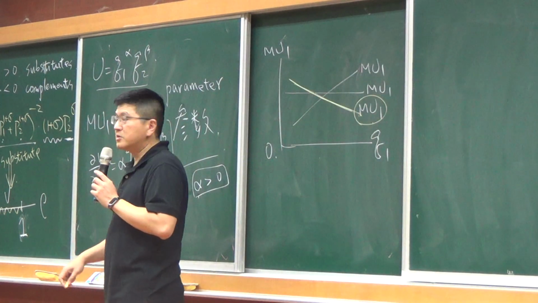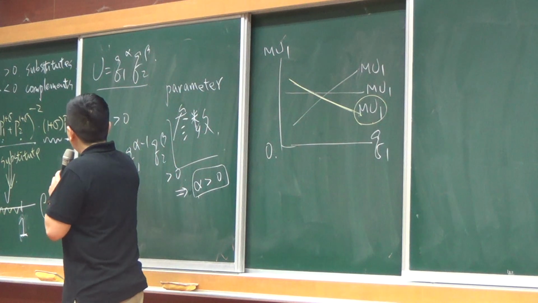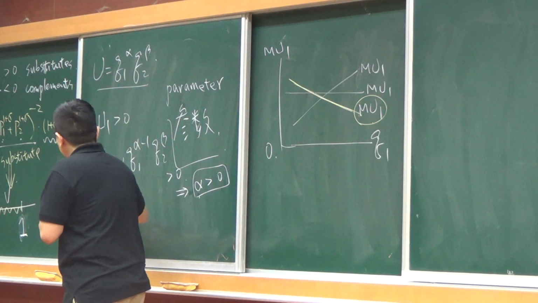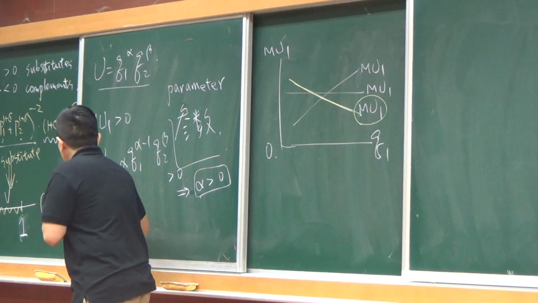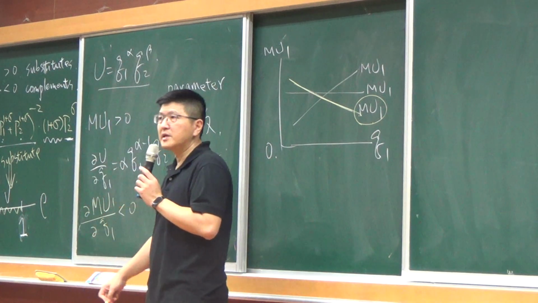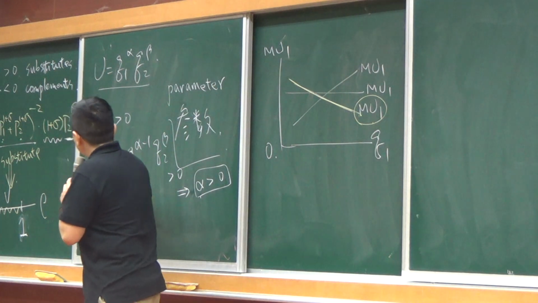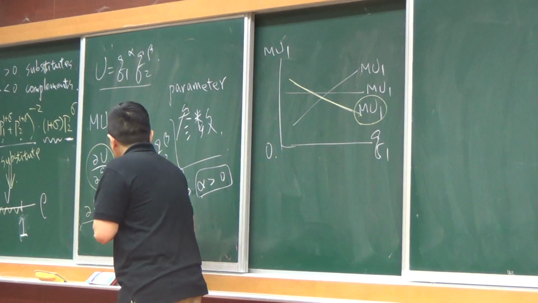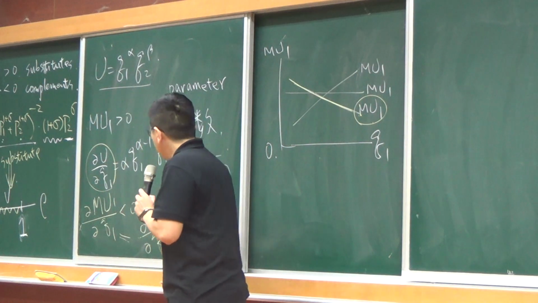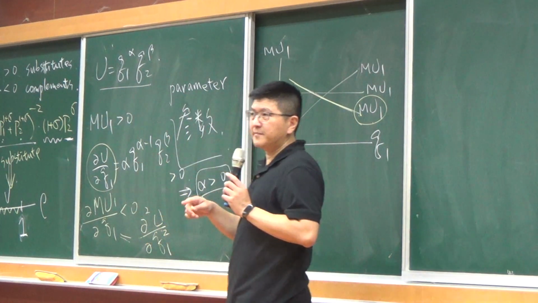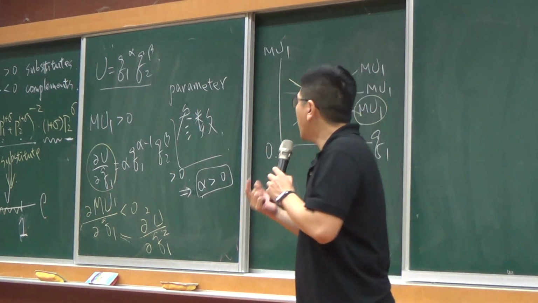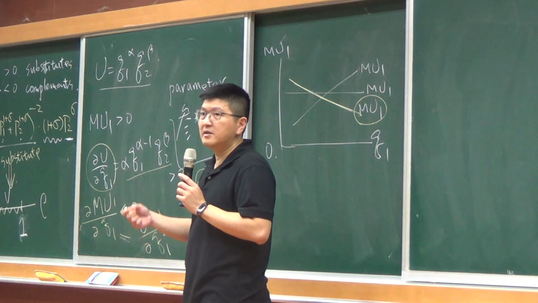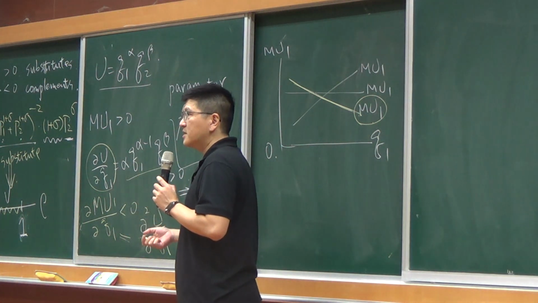Then how can we do that? If we want a decreasing marginal utility, it means differentiating marginal utility with respect to Q1 should give a negative value, right? So we differentiate utility with respect to Q1 twice. We differentiate once to get the marginal utility, and twice to get the change in marginal utility.